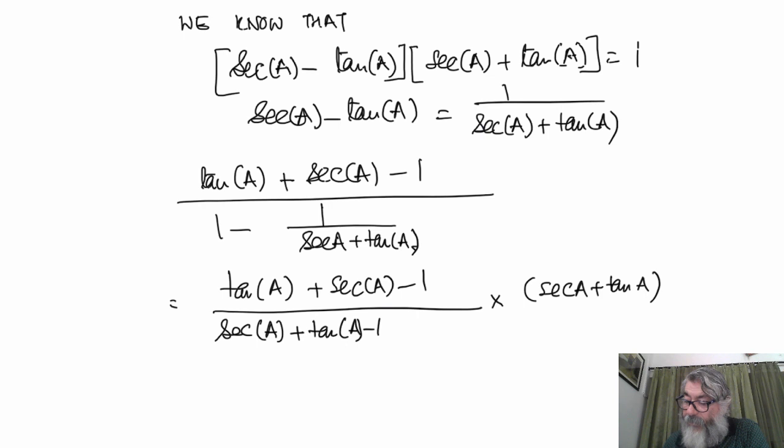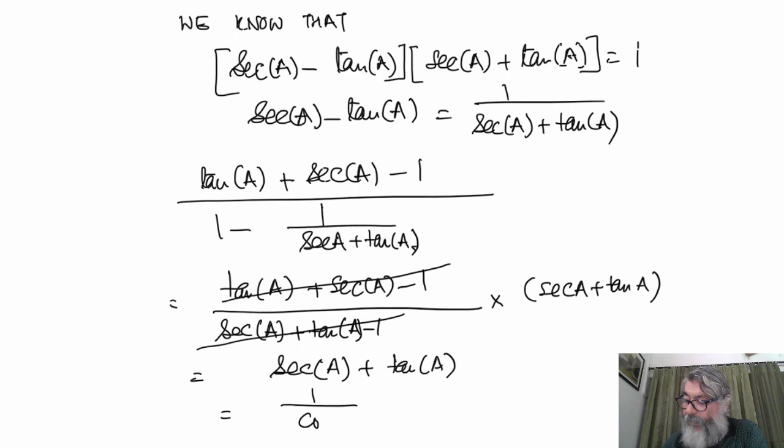And in here you see tan a + sec a - 1 and sec a + tan a - 1, both will cancel with each other because they are the same. So you get sec a + tan a. Sec a is 1 upon cos a, and tan a is sin a upon cos a.